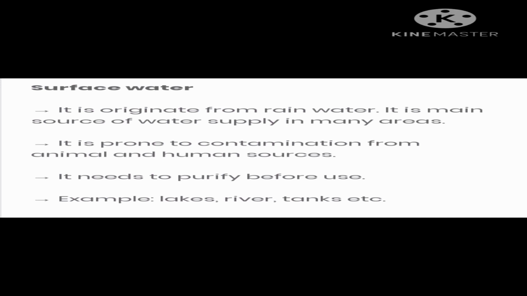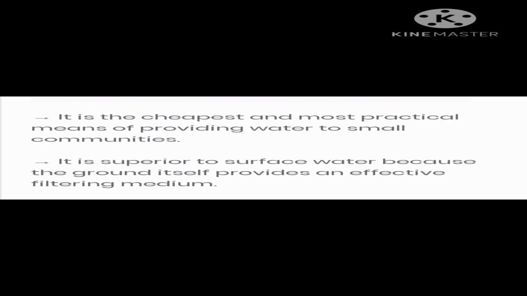The next source of water we will study is the groundwater. Groundwater is the cheapest and most practical means of providing water to small communities. Second point, groundwater is superior to surface water. It is better than surface water. Why is groundwater better than surface water?